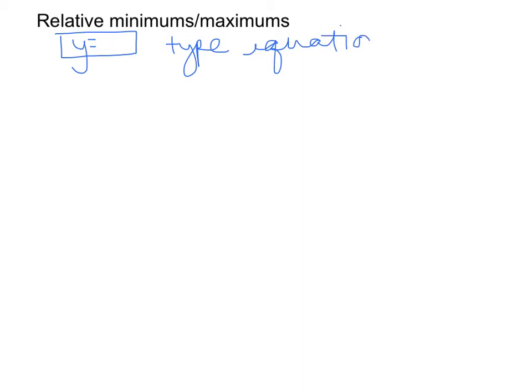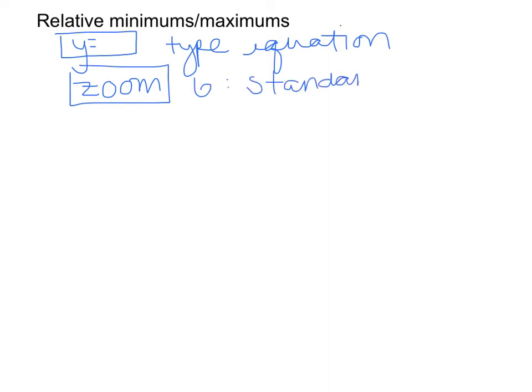And then I normally press the zoom button, which I believe is right to the right of it, and I do 6 for standard because that changes the window back to negative 10 to 10 and negative 10 to 10. And then if you need to, after that, hit the window button and adjust it yourself, you can. But that way, it always goes back to that basic window.